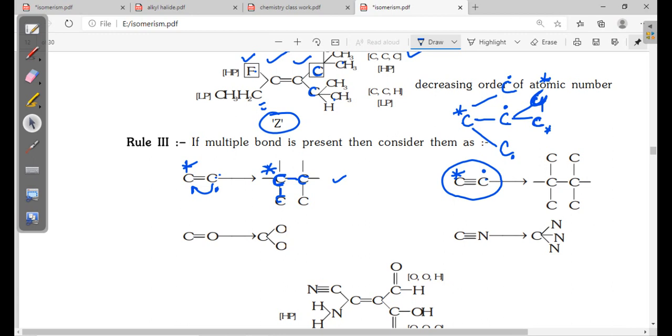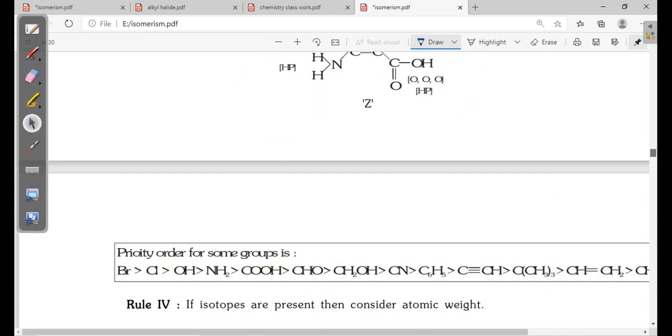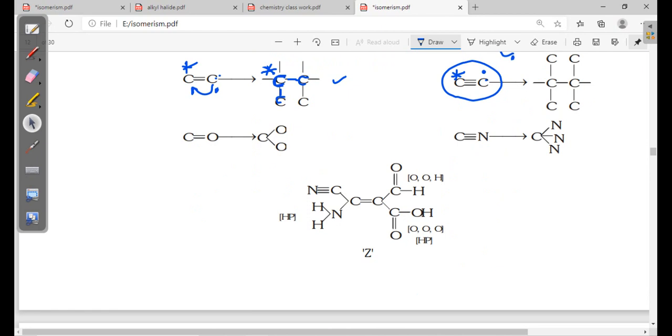Now see here, carbon and nitrogen. Obviously, no need to count everything. The first atom is nitrogen, so it is the higher preference. Done. Carbon is there, carbon is there. Oxygen is there, oxygen is there.